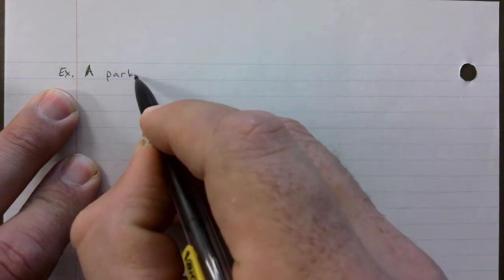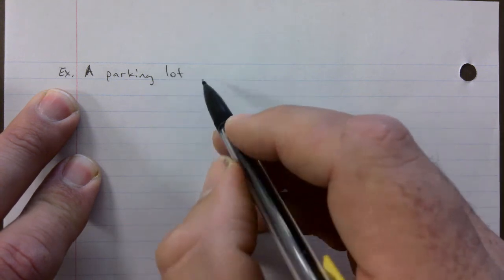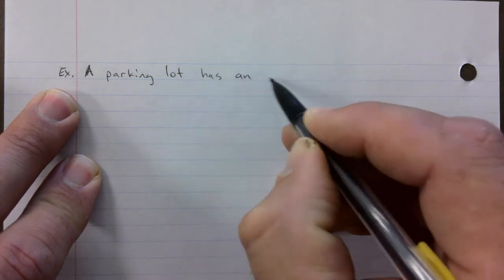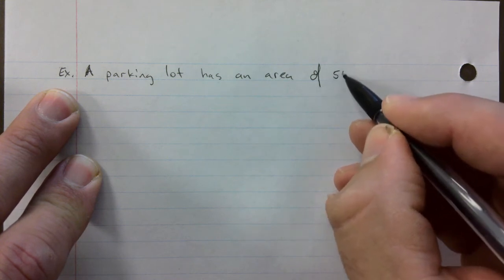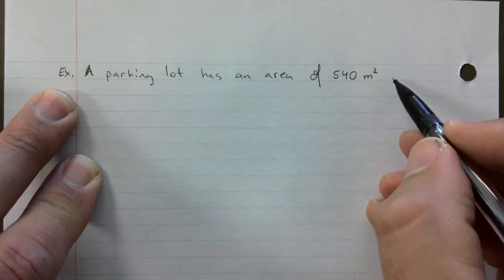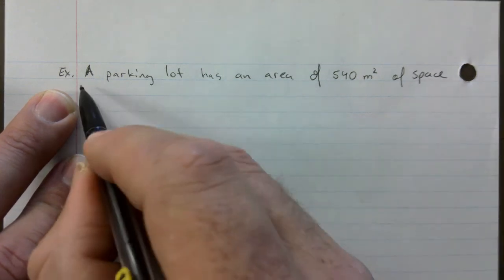Okay. So the problem is a parking lot has an area of 540 square meters of space available.